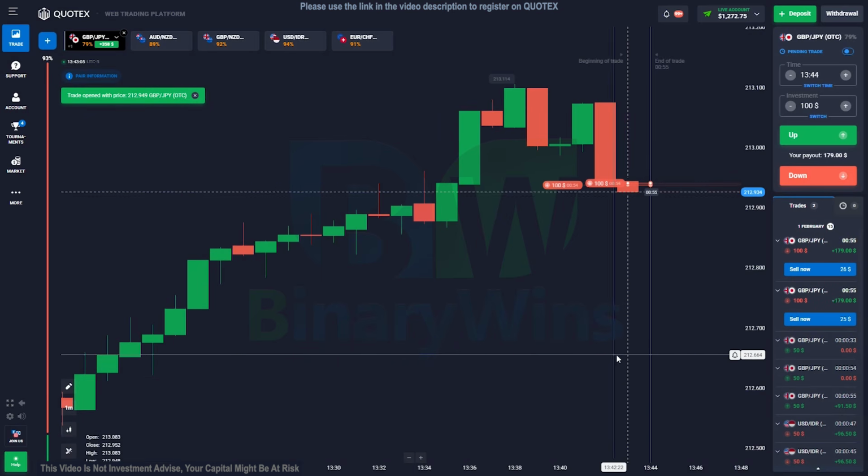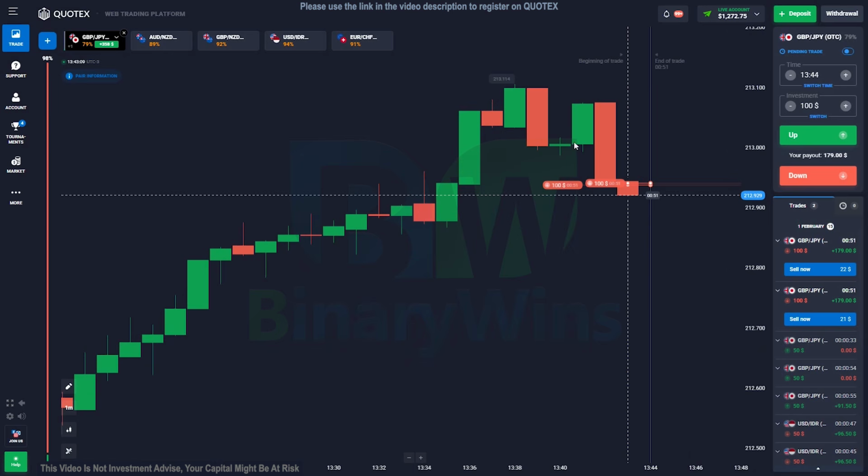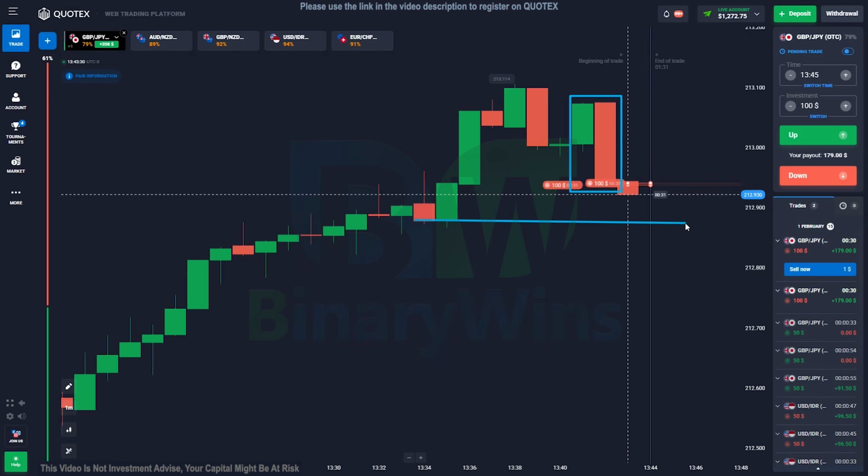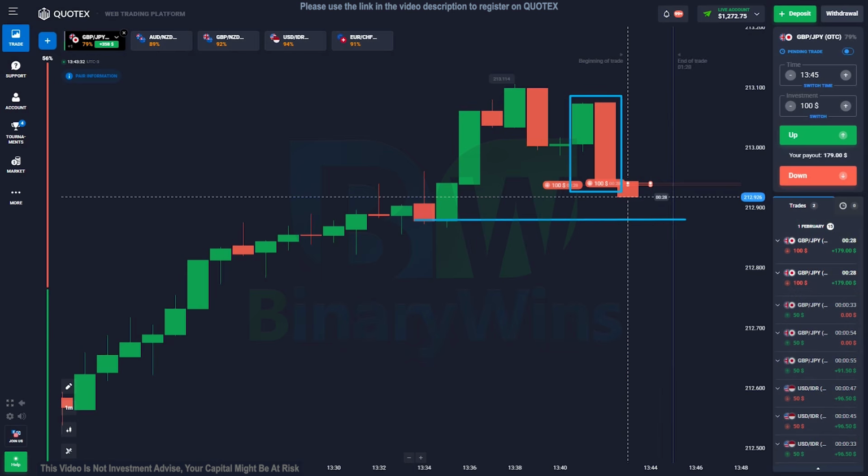I entered two lower trades. Why? You can see a downtrend is forming, right? We have a bearish engulfing pattern here. There is also a gap and this stands to the fresh level.